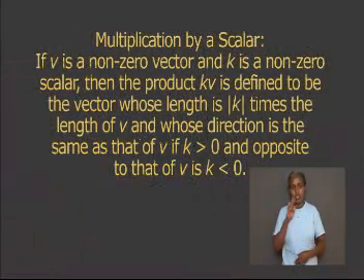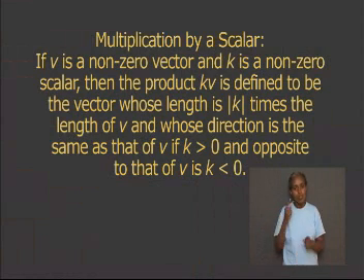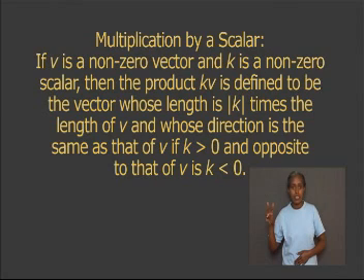Now, let us be reminded how to multiply a vector by a scalar. Multiplication by a scalar is formally defined this way. V is a non-zero vector, and k is a non-zero scalar. The product kV is the vector whose length is the magnitude of k times the length of V, and whose direction is the same as V if k is greater than 0.